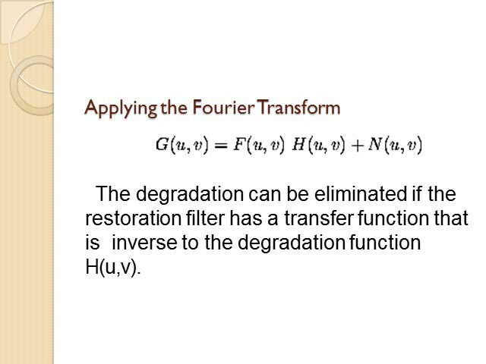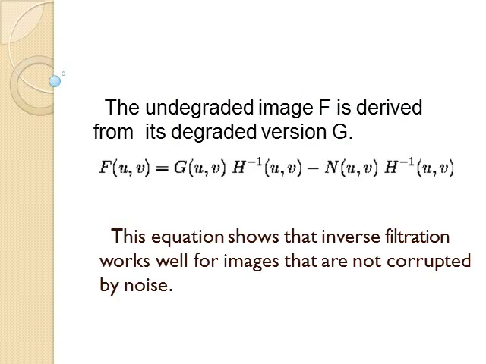The degradation can be eliminated if the restoration filter has a transfer function that is inverse to the degradation function H(u,v). The undegraded image F is derived from its degraded version G, and it can be done as given in the equation.